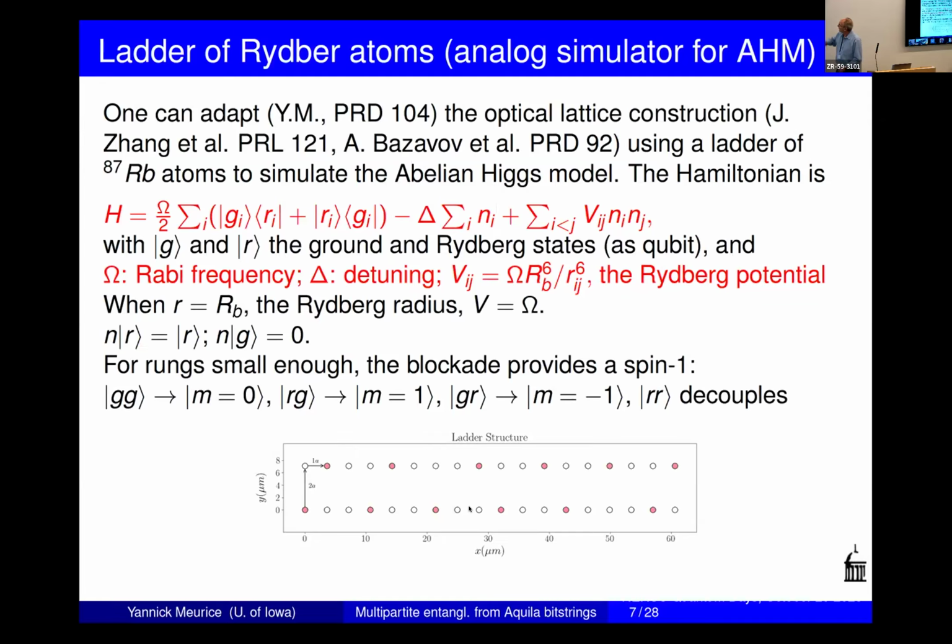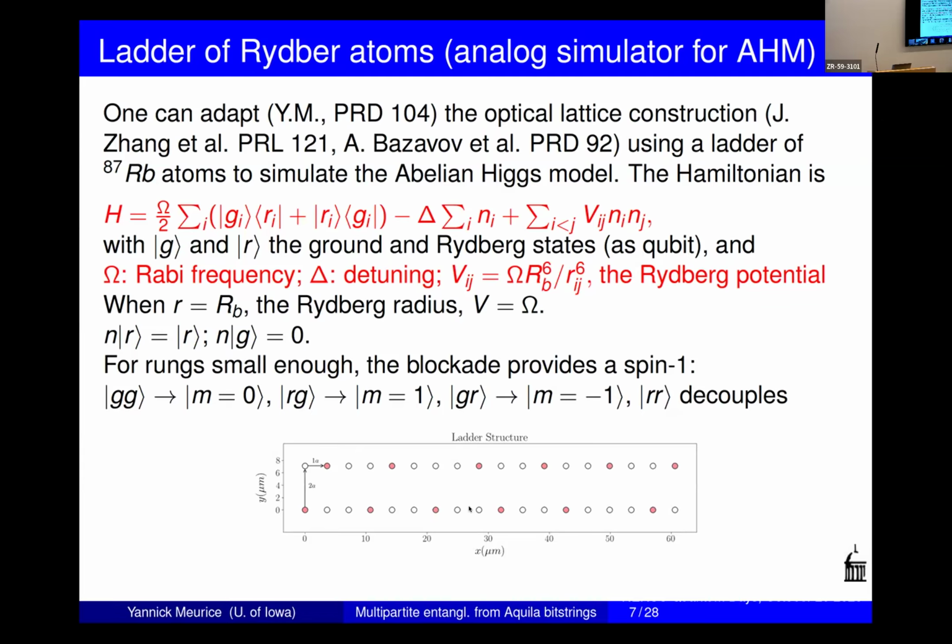Now I'm very glad that Siva has introduced all these things. We have Rabi tuning, detuning, and the geometry. These are the three things that we can do. Each of the rungs in the ladder is a spin 1.